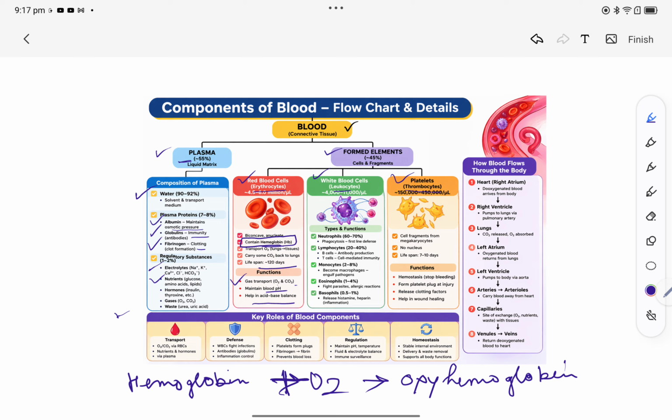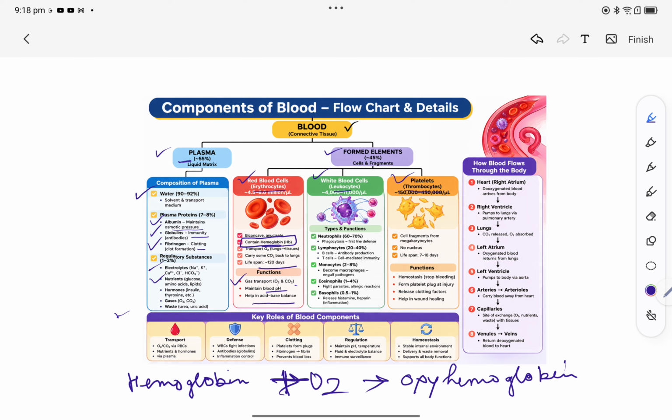Now white blood cells or leukocytes, there are many types. I will go into details about red blood cells, white blood cells, and platelets later. This is a basic conceptual video in which I'm going to talk about the basic things in blood. In my next videos, I'm going to discuss these things in detail.